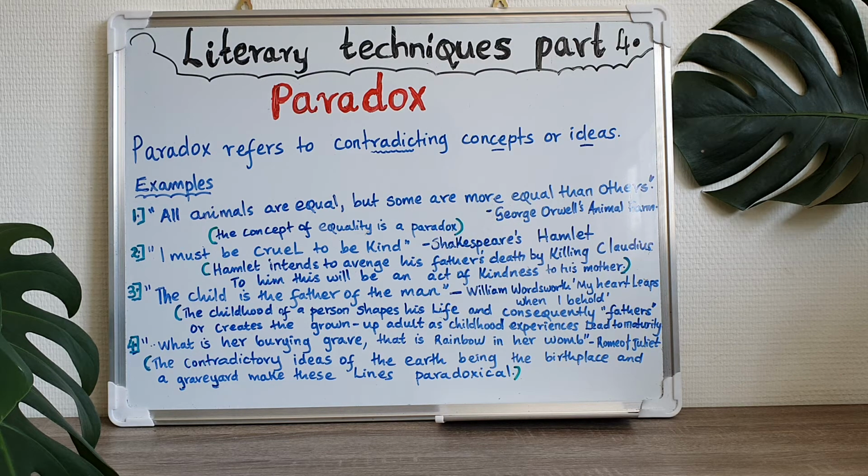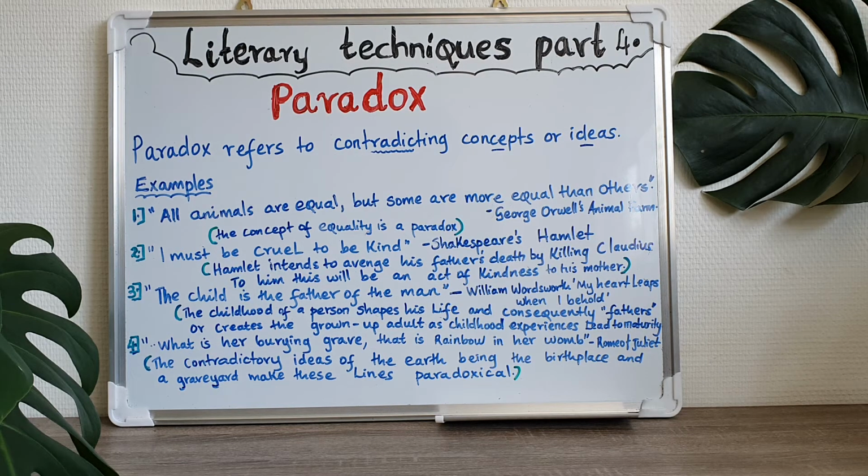But in this quote, the concept of equality is a paradox because although they all are animals, some of them are more equal than others. And that means that equality has different interpretations, meaning that in this case, equality is not really equality because some animals have more rights or privileges than others.